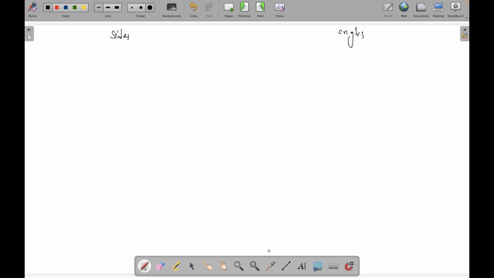First of all, what is a triangle? A triangle is a figure that is made up of three lines or line segments. When you have three lines like this, you form a triangle, right? And how many angles does a triangle have?